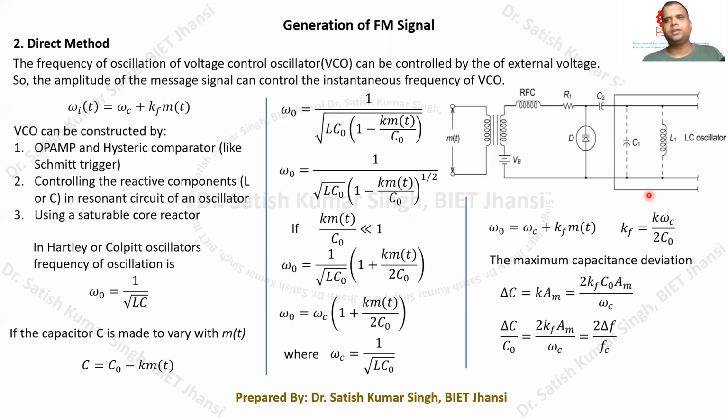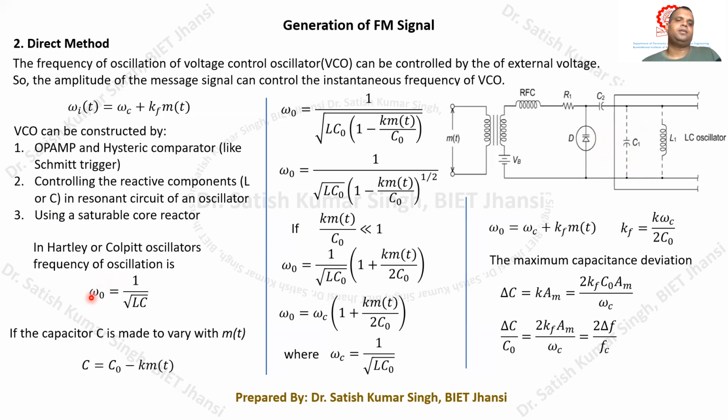In this circuit, because we are choosing a single inductance L1, I can replace L with L1, and C can be replaced by C equivalent. If this capacitance is denoted by CD, then C equivalent equals C1 in parallel with CD.